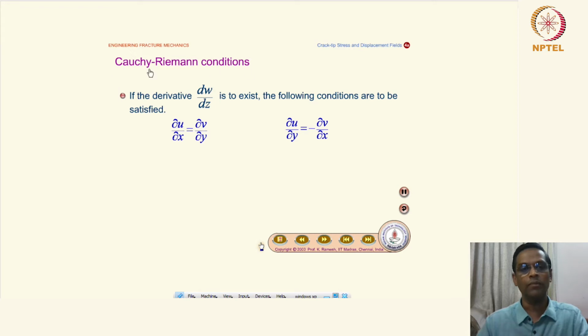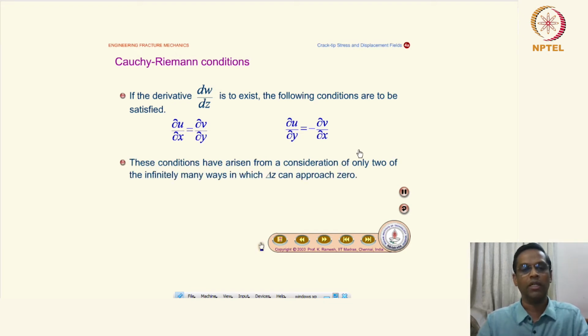This is called the Cauchy-Riemann condition, which you have to remember for defining any analytic function.